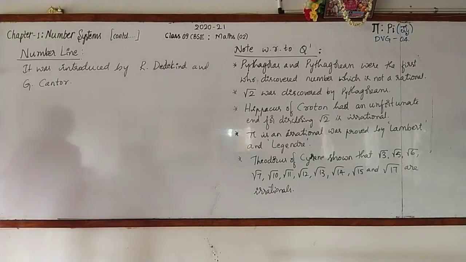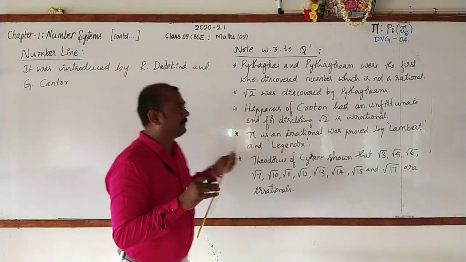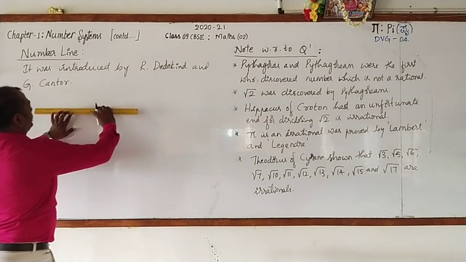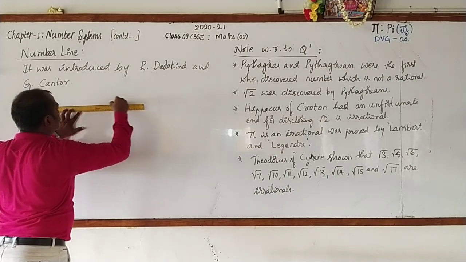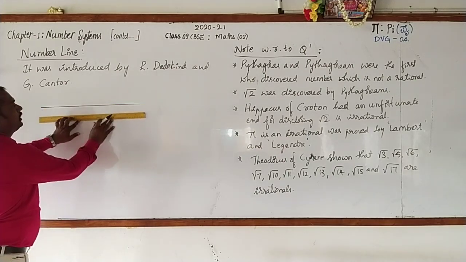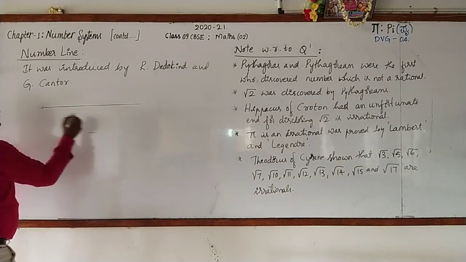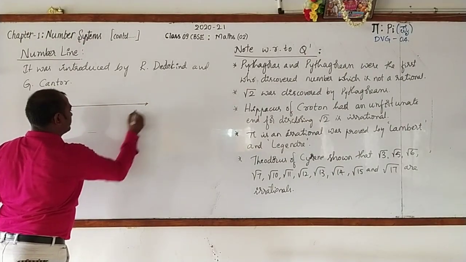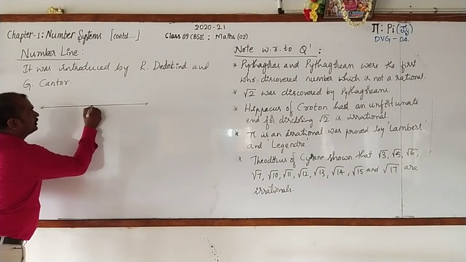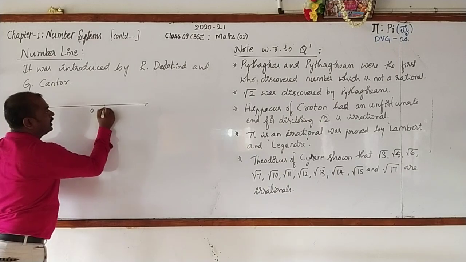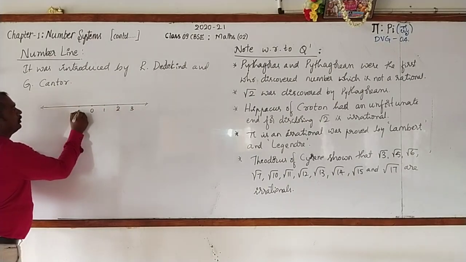Let me go for drawing the number line. Please take a scale and draw a line. So this is the method of drawing the line. Don't draw like this. Now, go for marking the points. It is 0 and this is 1, 2, 3.